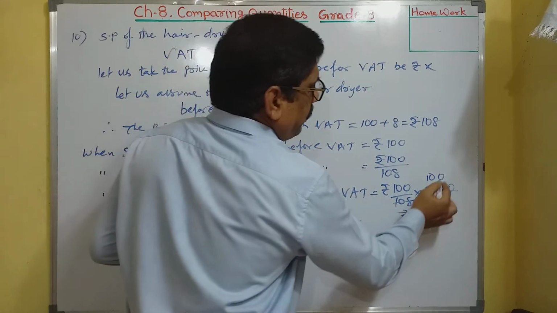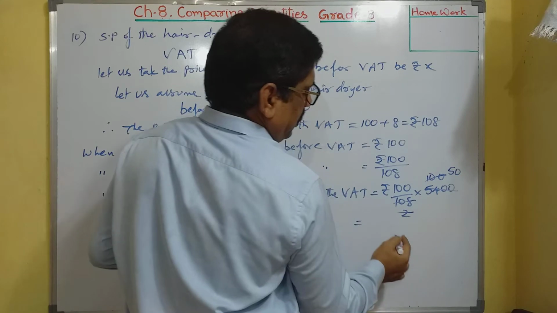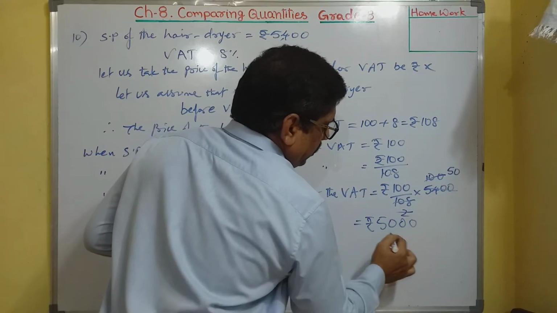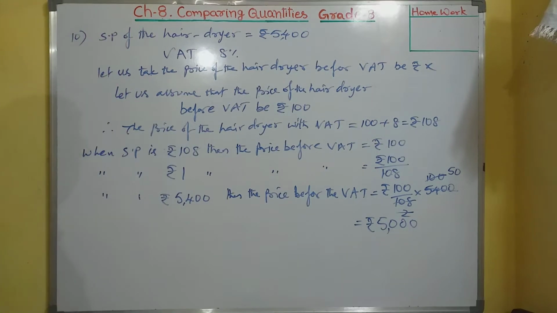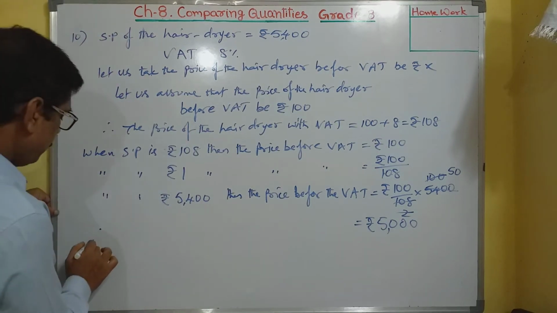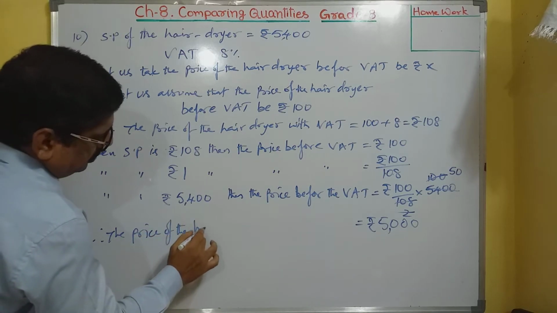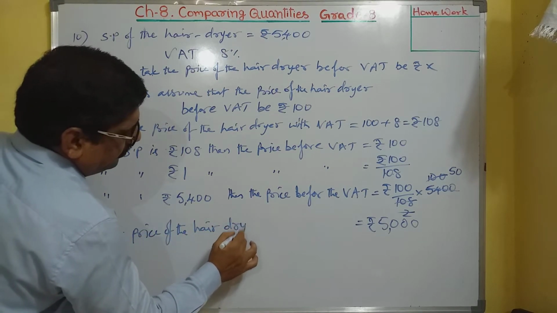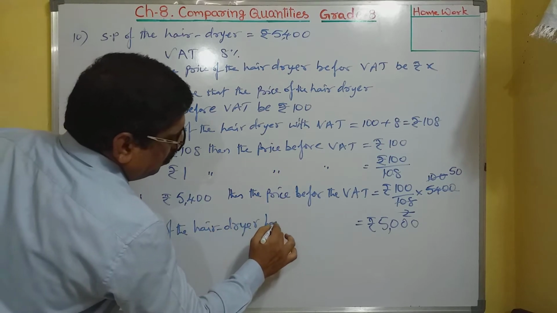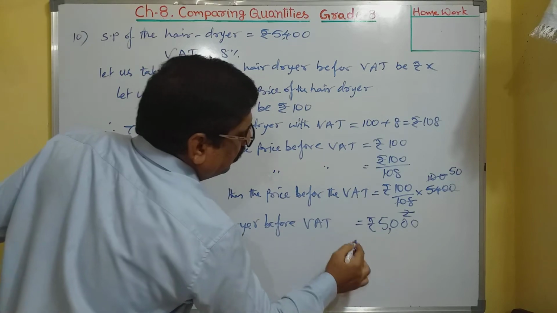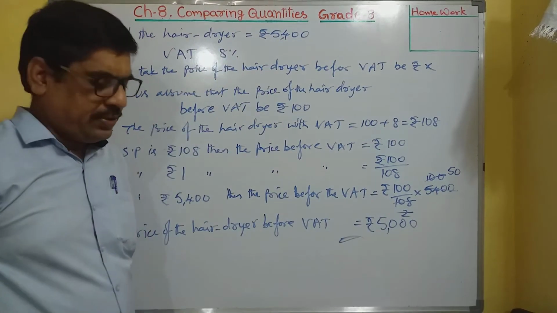Now again, 2 50s is 100. So we get 100 into 50 rupees, 5000. Therefore, the price of the hair dryer before VAT is equal to 5000 rupees.